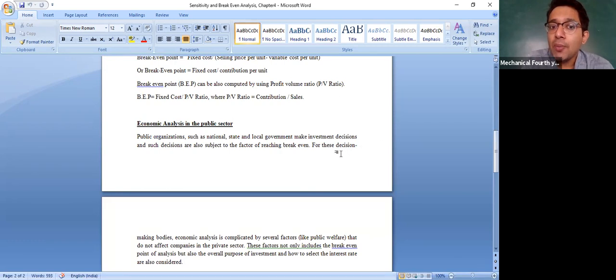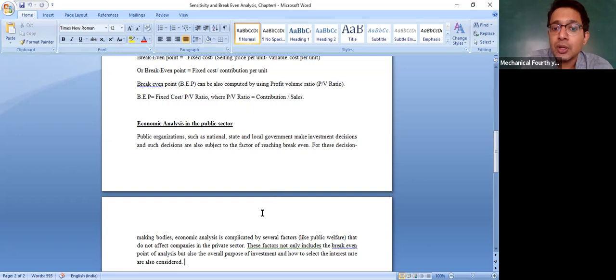Fine, so economic analysis in the public sector. This is a theory in the public sector. Every business organization aims at earning profit, and how to earn more when they can reach break even.